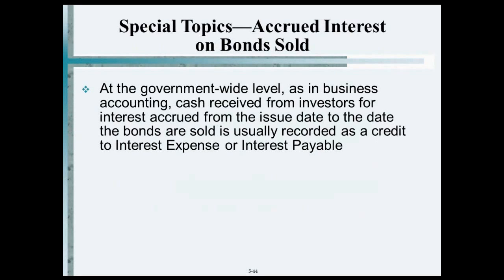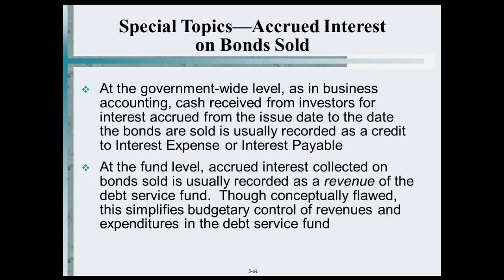Some special topics. Accrued interest on bonds sold. If you study finance, there's nothing more complicated on this than what it says here. When you sell bonds, bonds pay interest every 6 months, right? Semi-annually. What if you sell a bond in the middle of a 6-month period?